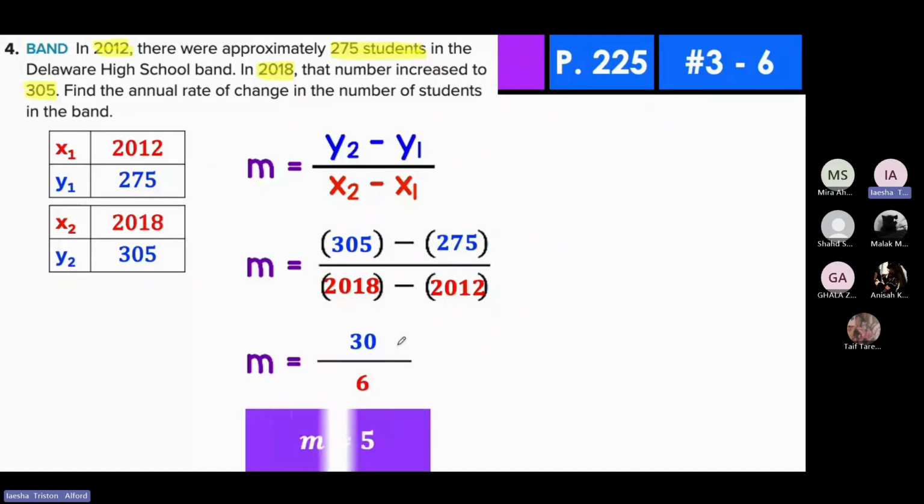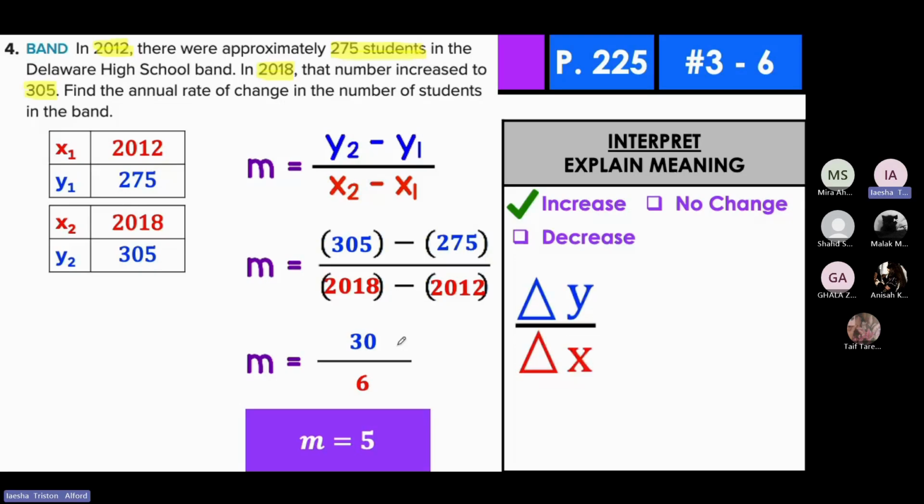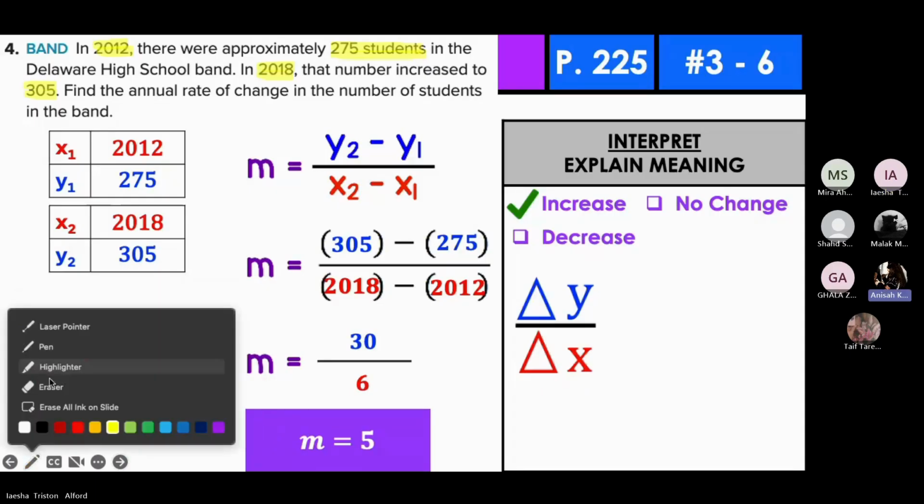Divide, you get positive 5. Now, interpret, explain. Is it increase, decrease, or no change? Increase, because the slope is positive. Then, change in y over change in x. 5 over 1.